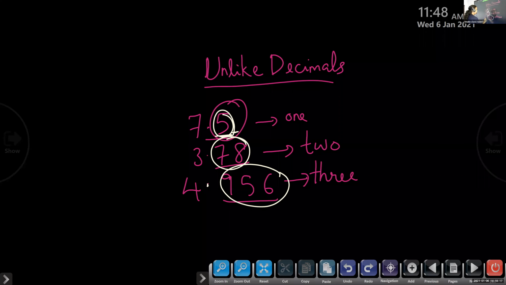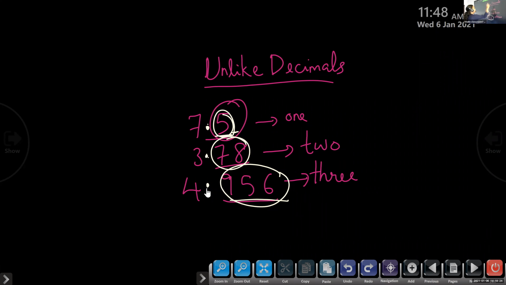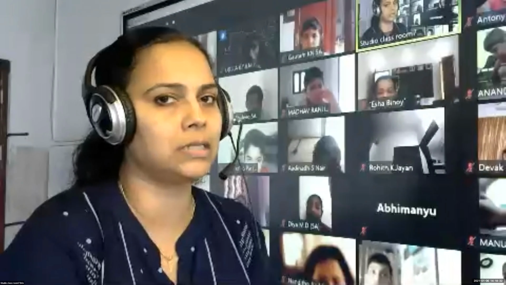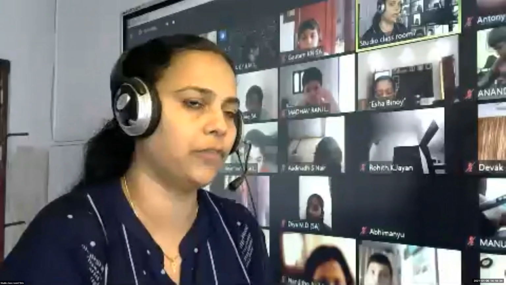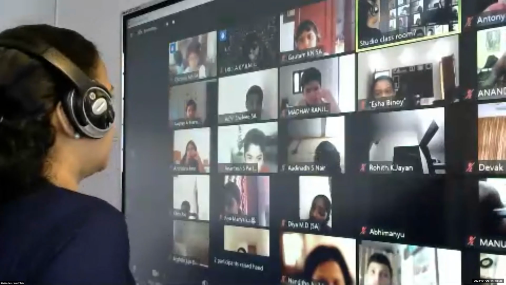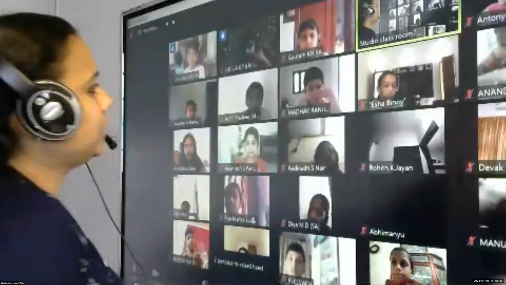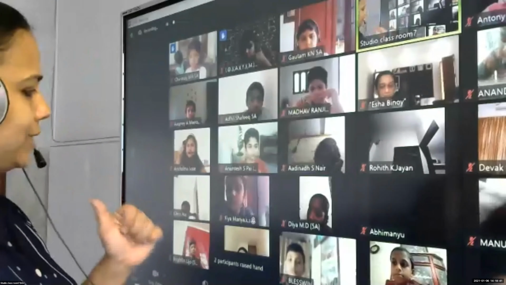So we will consider only the places after the decimal point. If they are the same number, we will say like decimals. If they are different, we will say unlike decimals. Understood?